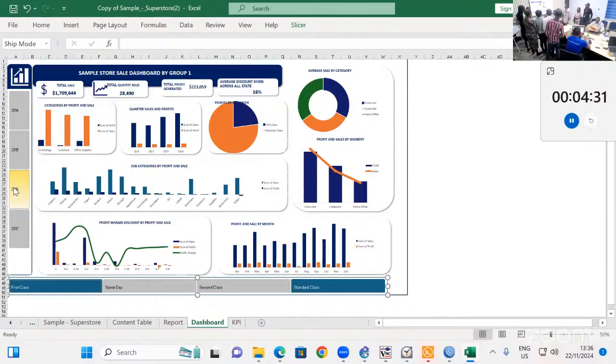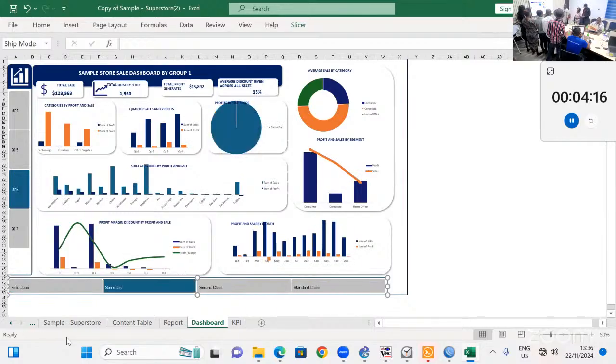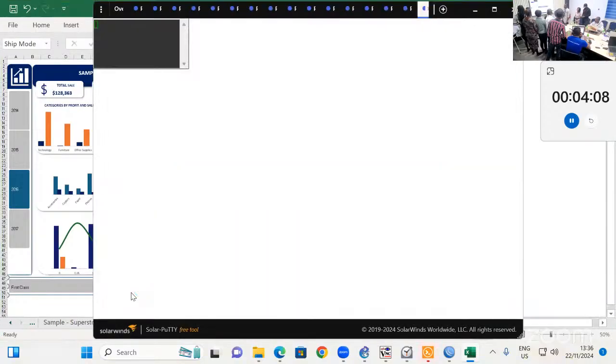The title, why is it covering your chart? The title is on top. Is it?